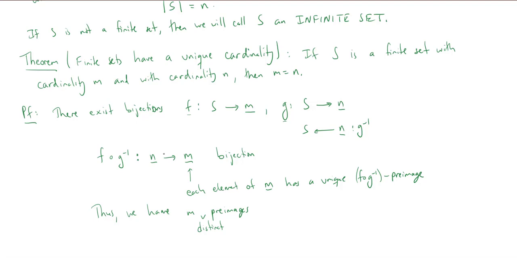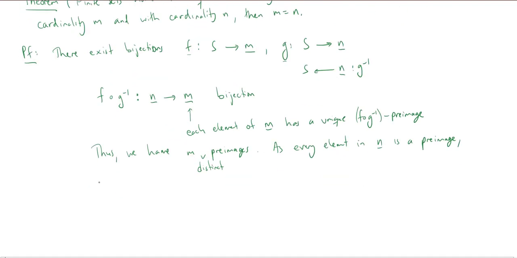Okay, but F composed G inverse is a function. It has to send everything in N to something, which means that everything in N is a preimage. Okay, so as every element in N is a preimage, there are N distinct preimages.